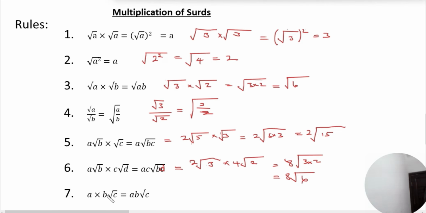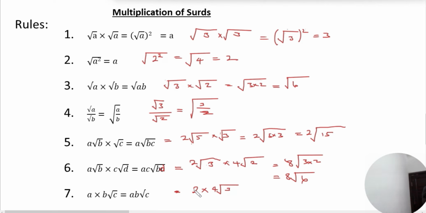We go to the last rule for multiplication of surds. We have a times b root c is the same as a times b with root c. So let's illustrate this. Let's say 2 times 4 root 3.